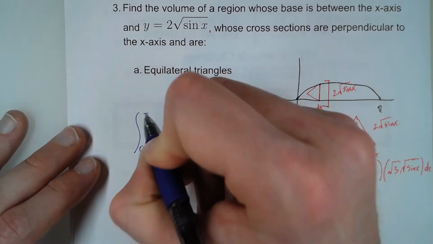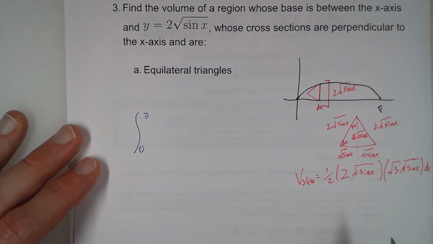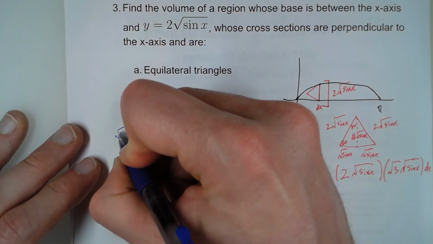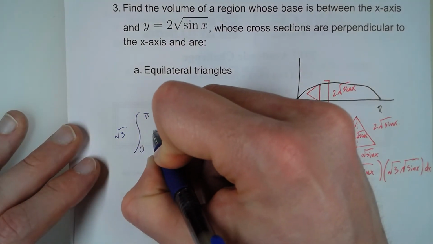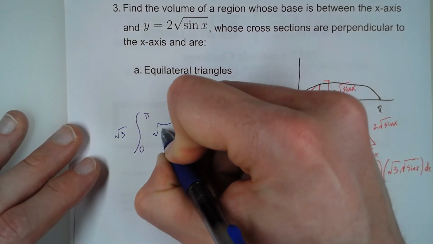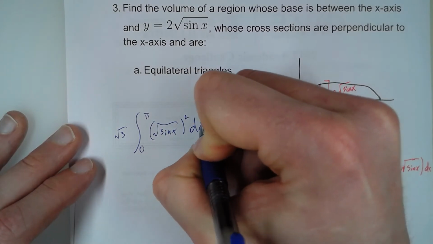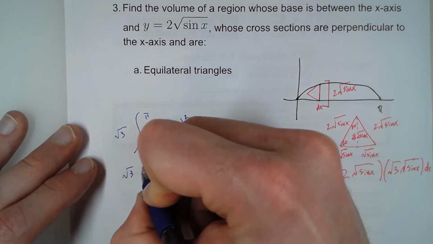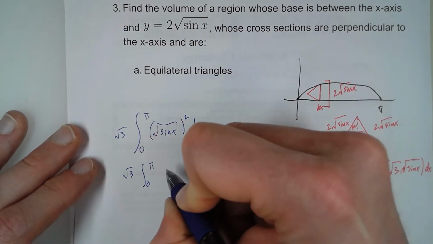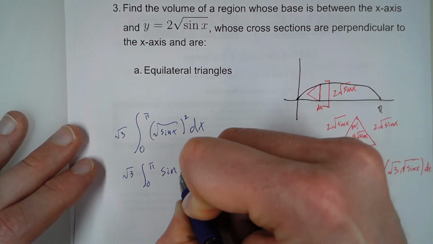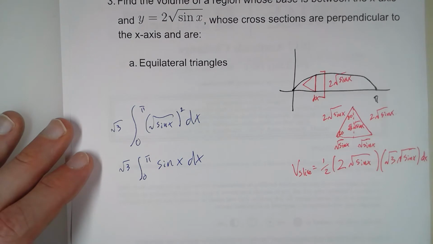Well, sorry, they don't cancel each other out, but they allow the square root to go away. So we have square root of sine x squared dx, which we can just write as square root of sine x dx.